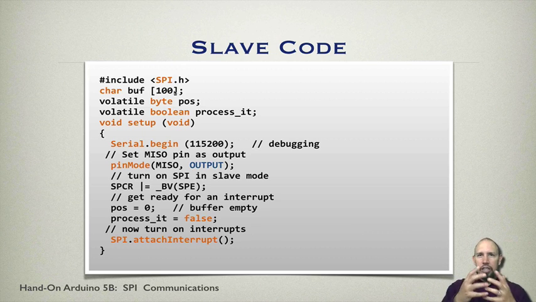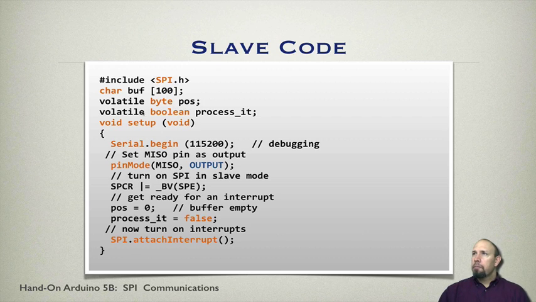So again, that's part of the forethought in terms of how I am going to format the data that is being sent. In this case, all I know is that the data is going to be 100 or fewer string characters.